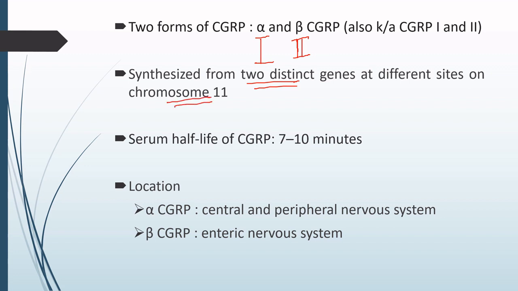The serum half-life of CGRP varies from 7 to 10 minutes. And the alpha CGRP is the main CGRP that is responsible for the development of migraine, because alpha CGRP is found in the central as well as in the peripheral nervous system, whereas the beta CGRP, on the other hand, is found in the enteric nervous system.